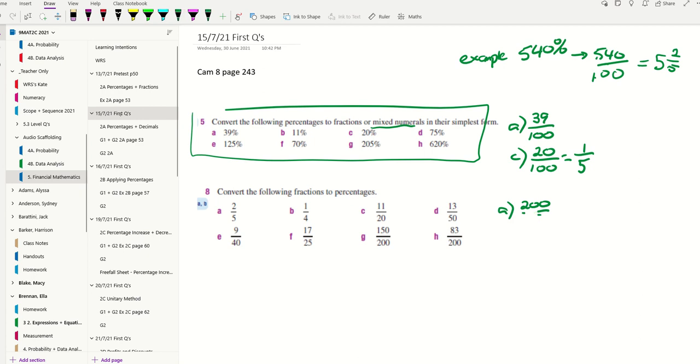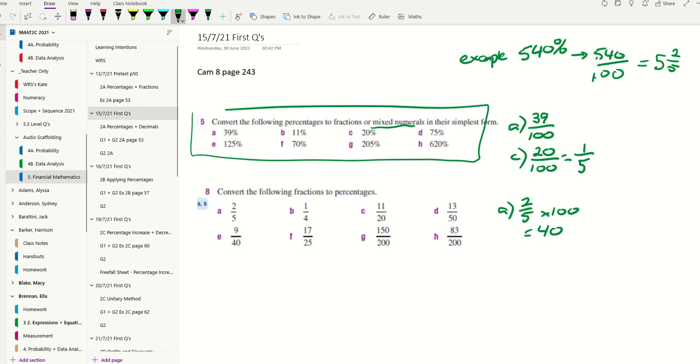What I want you to do is just put it in your calculator though. So I just want you to put the fraction 2 on 5 into your calculator and then multiply by 100. If I do that, I get 2 over 5 times 100. If I push equal, it comes up with 40.